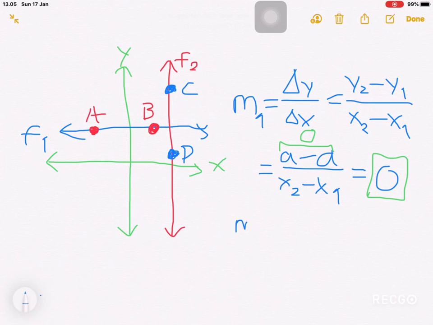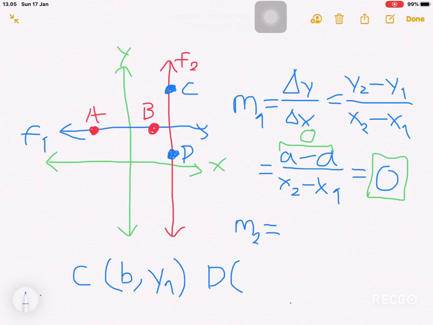So using our formula above, we have M2, which is equal to, well, I should have written the coordinates of C and D first. Notice they're on the vertical line, therefore their x coordinates must be the same. So we're going to use small b, and we're going to have y1. And D has the same x coordinate, b, and then we'll have y2.